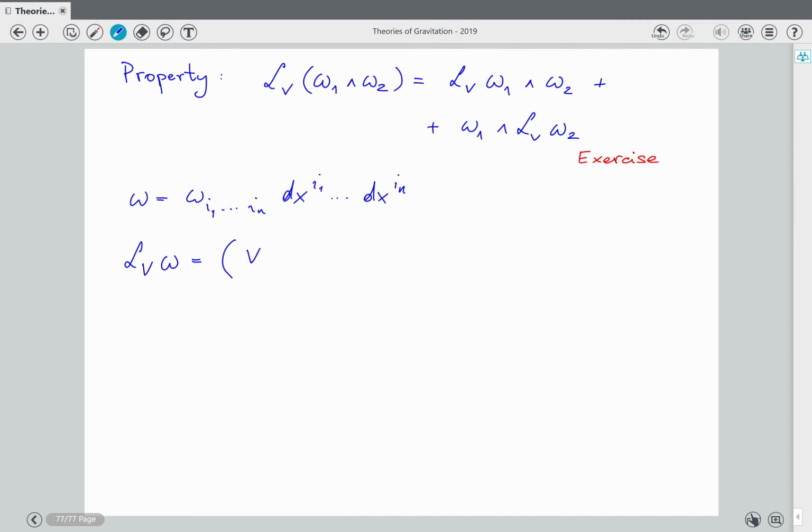First you differentiate the components along the vector, and then you have an additional contribution where you differentiate the vector instead.